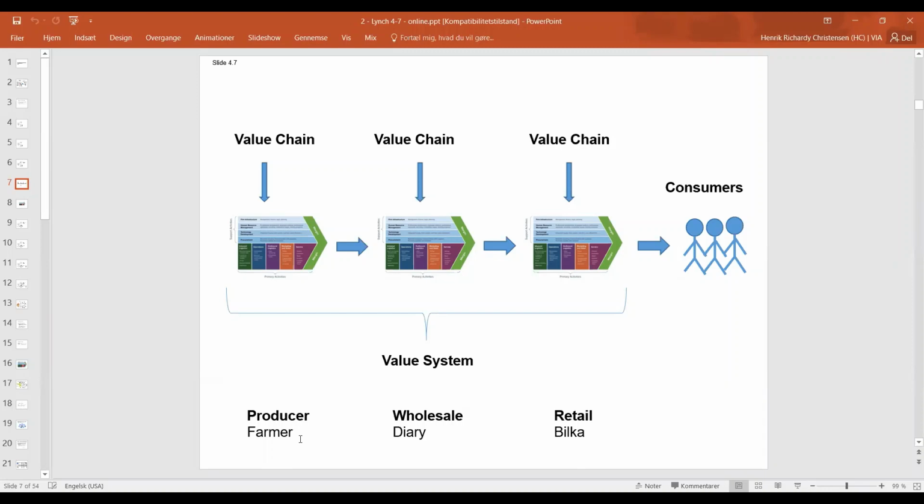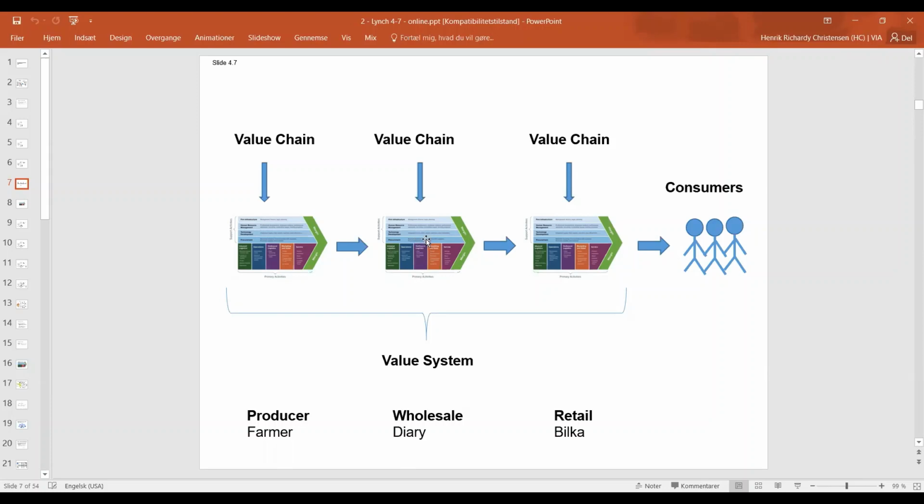So the farmer producing goods, products, milk, meat, has a specific value chain. And that farmer sells the products to a dairy. And that dairy also has its own value chain, and that value chain creates value, hopefully, and may also have a competitive advantage.